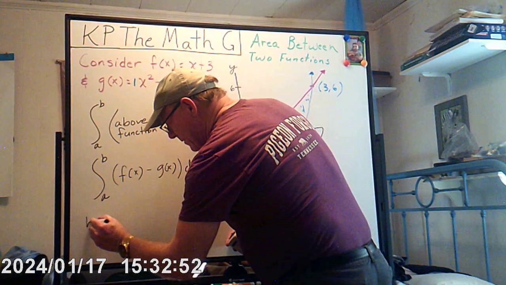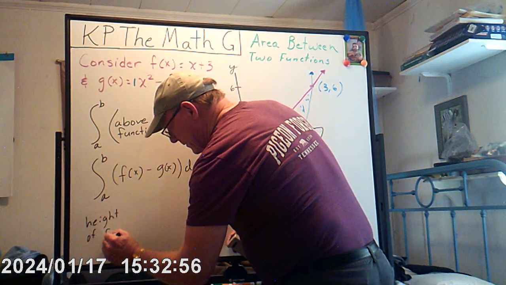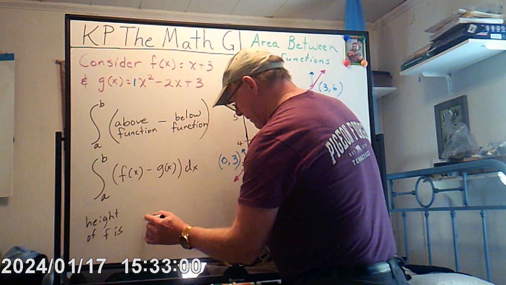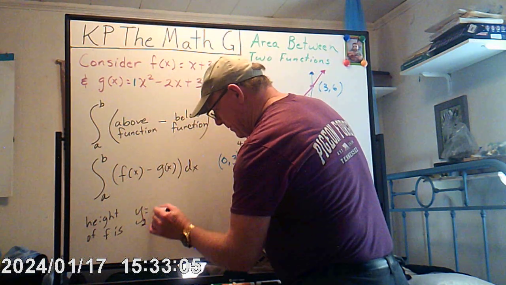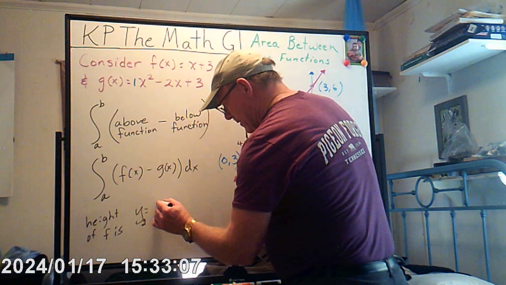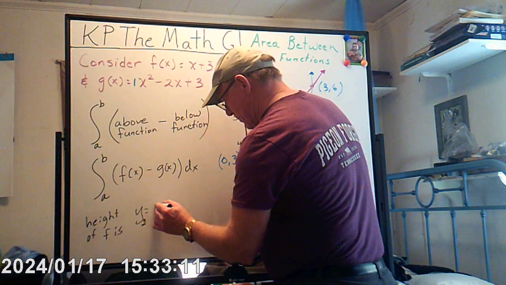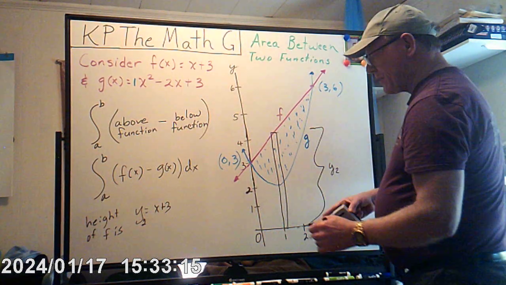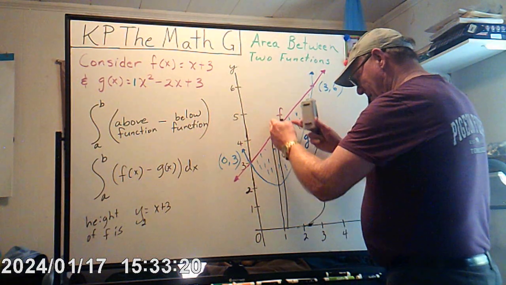Alright, the height of F is given by, well, y is equal to, this y2 is equal to F, which is x plus 3. That's the height right here. So in place of, well, I'm going to show you this height here.